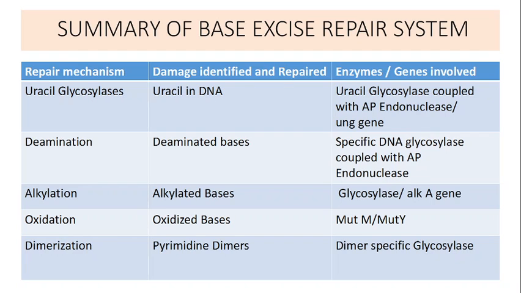Following the activity of MUT-M, the nucleotides spanning the 8-oxoguanine lesions are removed by exonuclease activity and are replaced by DNA polymerase 1. In contrast, the MUT-Y glycosylase targets the adenine that base pairs with 8-oxoguanine. It targets any AG mismatches, which are independent of oxidative damage. This is the difference between MUT-M and MUT-Y.